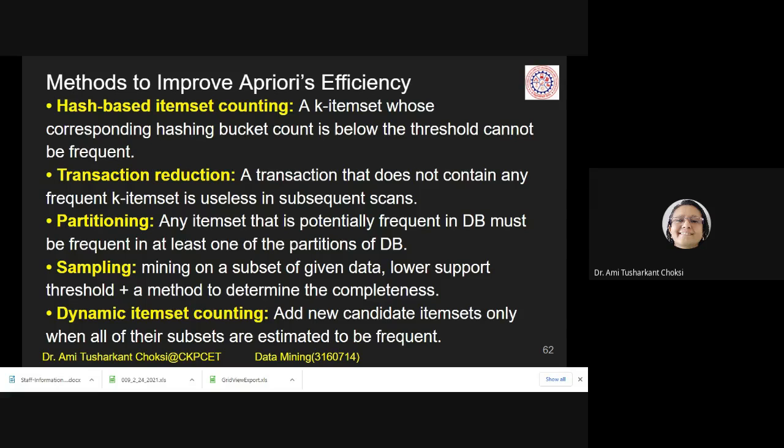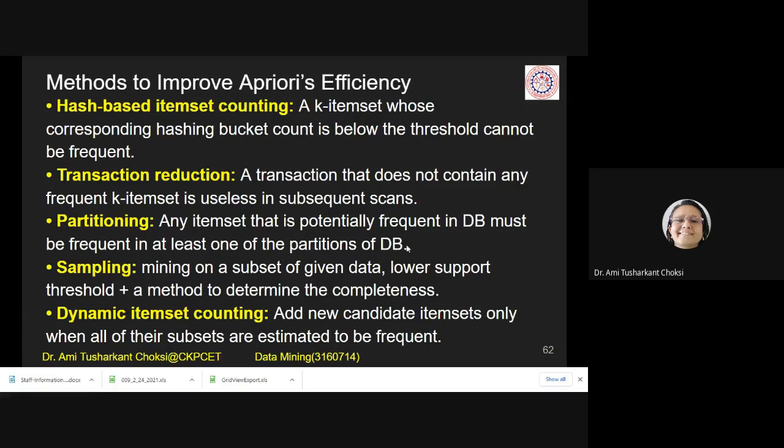Transaction reduction: a transaction that does not contain any frequent k item set is useless in subsequent scans. The third one is partitioning. Any item set that is potentially frequent in the database must be frequent in at least one of the partitions of the database.